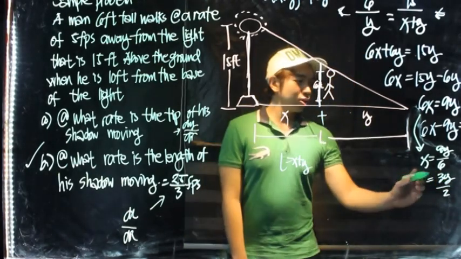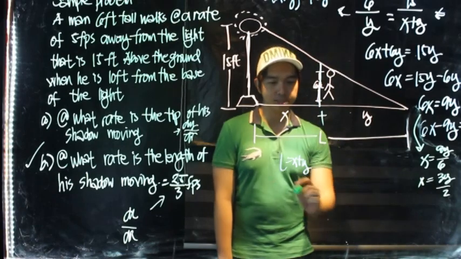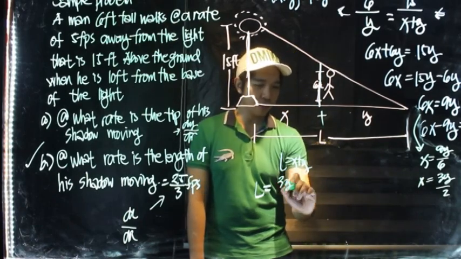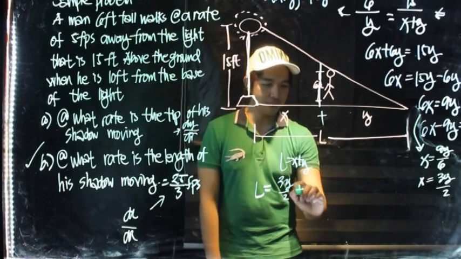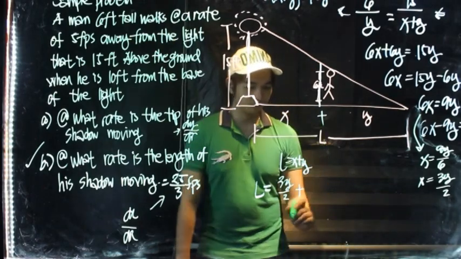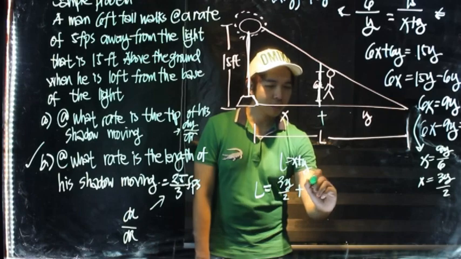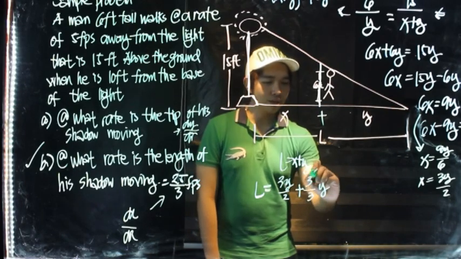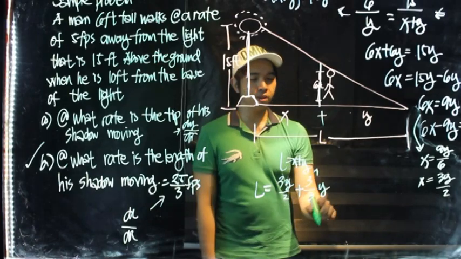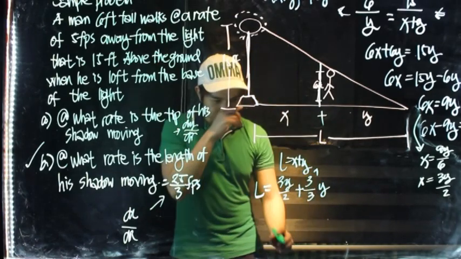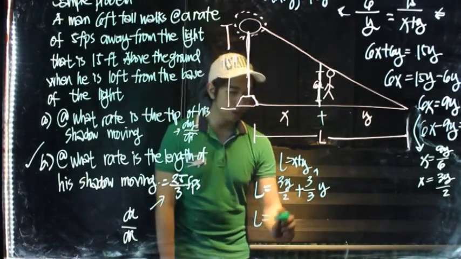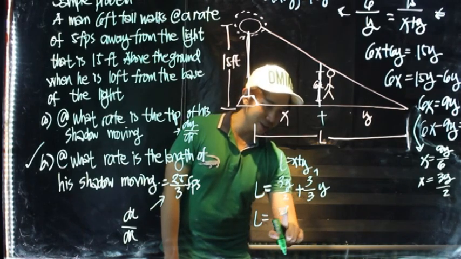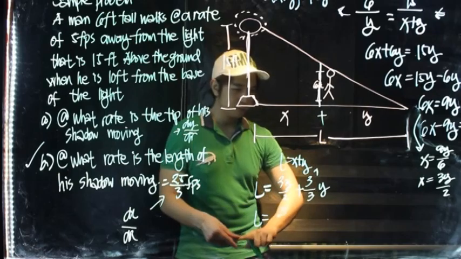Using this as x, the length will then be equal to 3y over 2 plus y, which is 2 over 2 y.